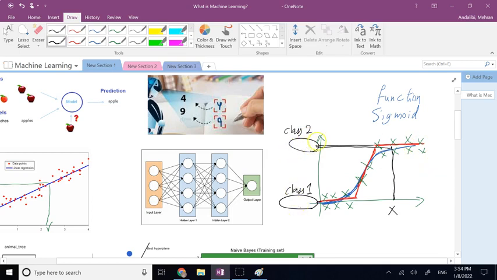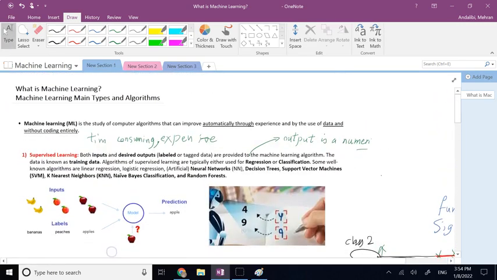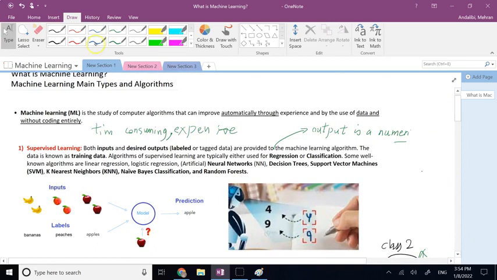If I consider only 2 classes here and ignore this middle area, and to whichever class it's closer, I assign it to that class, then I can use it for classification too. So that's called logistic regression, and logistic regression is a regression that uses a what? A sigmoid function.